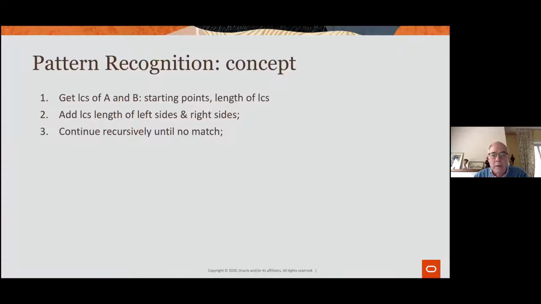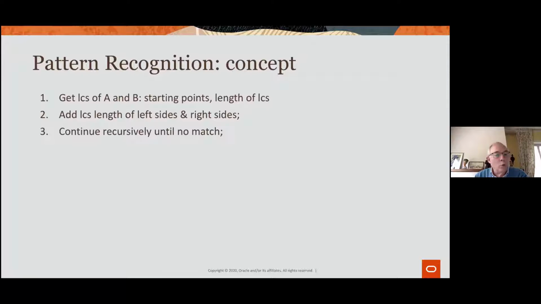So the idea of the concept of pattern recognition is you need to look at the two left sides and see if there's another common substring. You need to look at the right sides and see if there's another common substring. And if you find one or both, you have to take the lengths of those common substrings and add them to the length you already got.